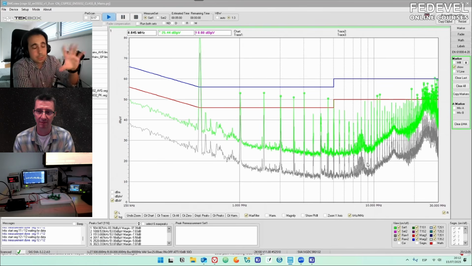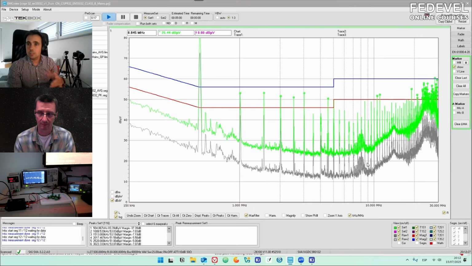What can change sometimes is the amplitude, also because the laboratory has some variability, so it's normal that you have some changes. That's why it's very recommendable, when you are building your setup and doing pre-compliance, that you go to the lab with more than 6 dB of margin, so that even if the laboratory has some variation, you will still pass the test.